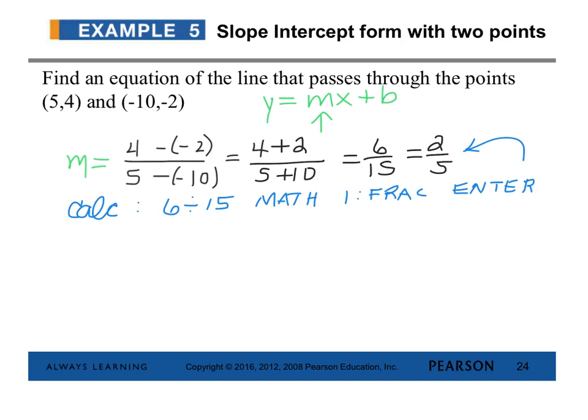So if you want to do it with your calculator, that's how you do it. So we have that the slope is 2/5. We also have our choice of x and y values.